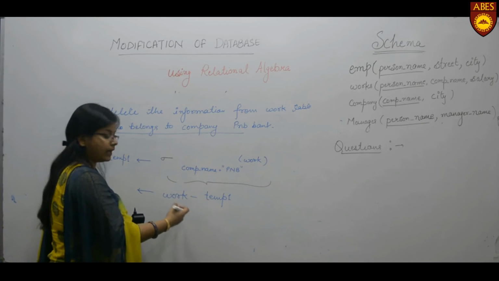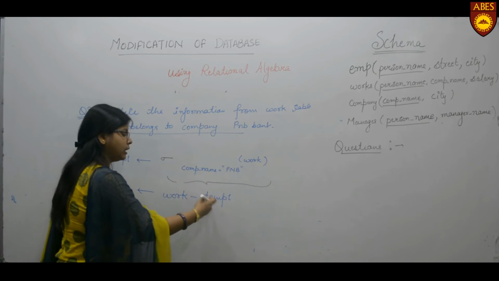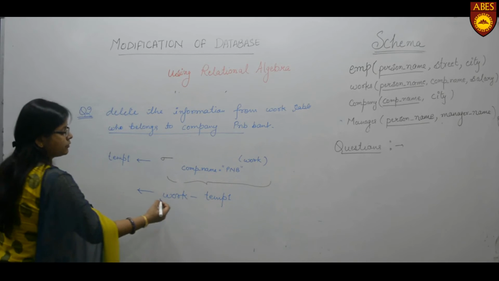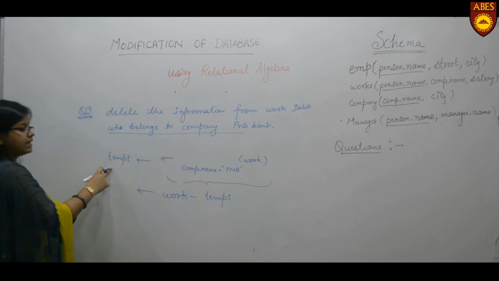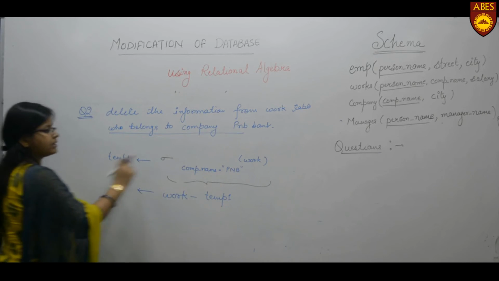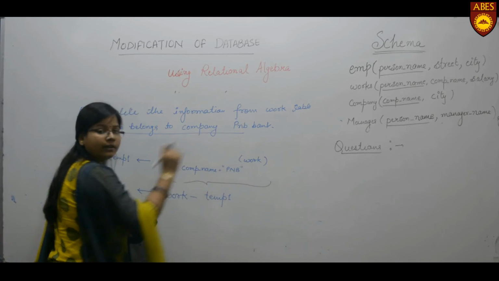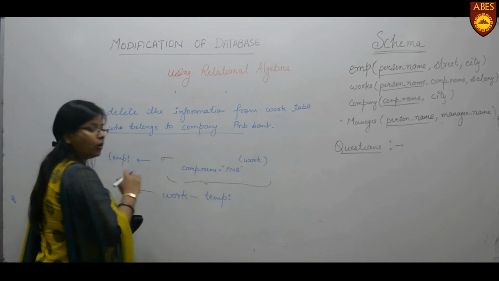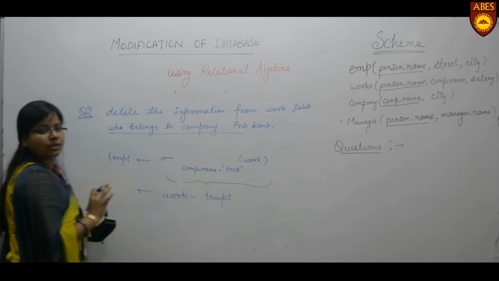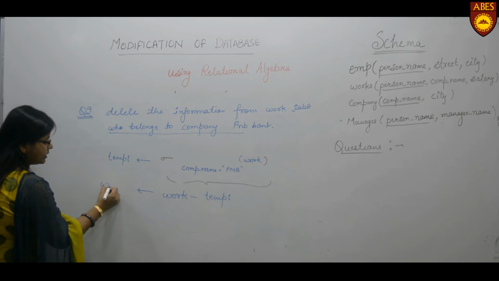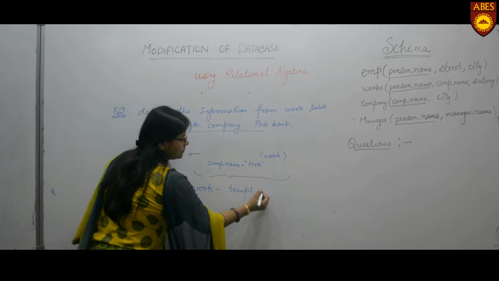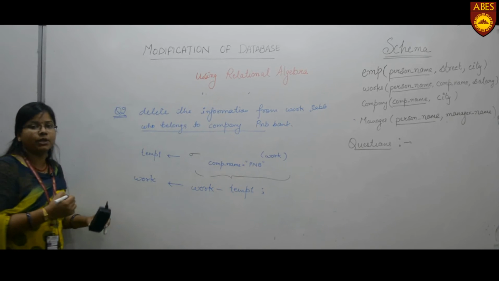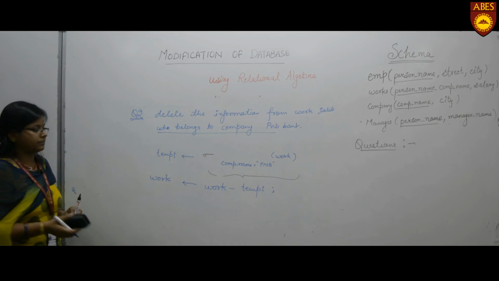A minus B means A minus the tuples of B. So from work, we'll be deleting the temp1 tuples, and temp1 is a subset of work because it is fetching the tuples from the work relation. So it simply deletes all those tuples where company name is equal to P and B, and restores the result into work. So this will be the relational algebra query for the deletion operation.